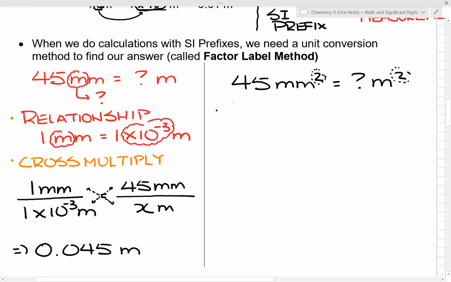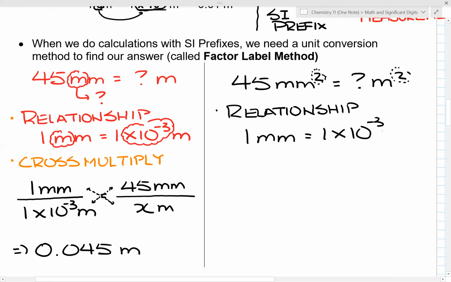First of all, you find the relationship: 1 millimeter is equal to 1 times 10 to the negative 3 meters. But now what you do is you square it, and then you cross multiply.